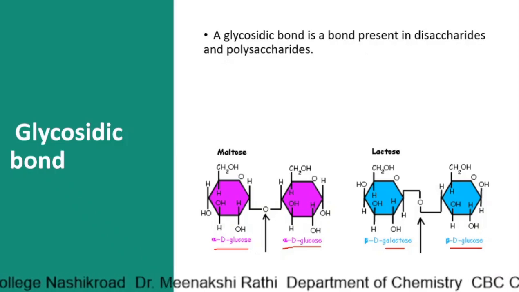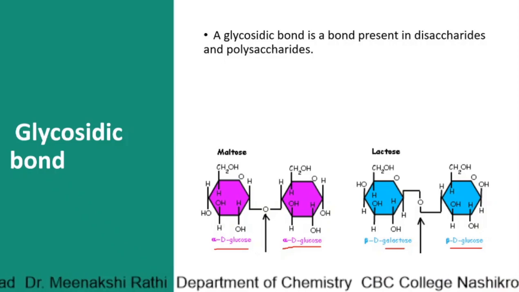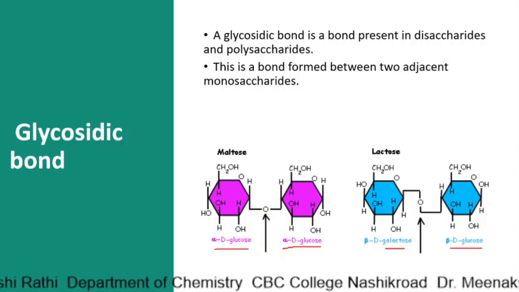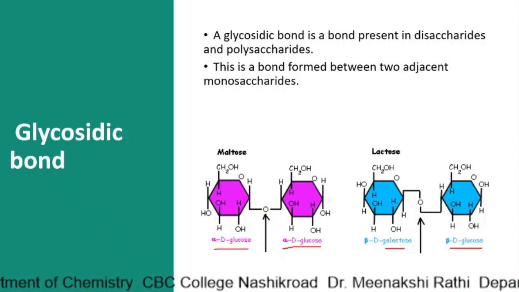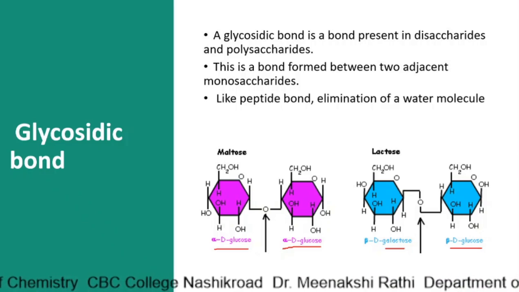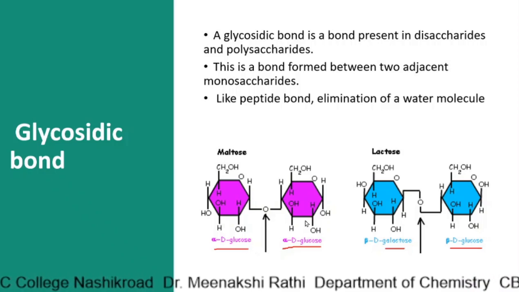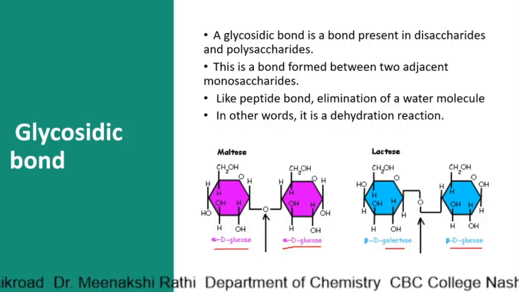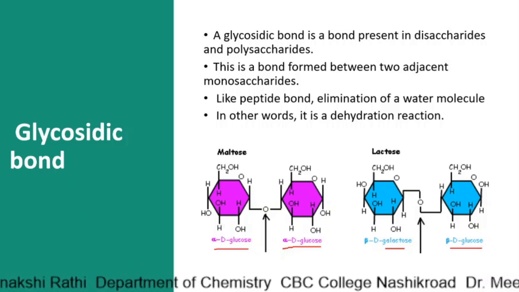So, glycosidic bond is present in disaccharides and polysaccharides. This bond is formed between two adjacent monosaccharides. Like peptide bond, elimination of water molecule is there, and as there is a elimination of water molecule, again it is a dehydration reaction. The detail of glycosidic bond is already discussed in chapter carbohydrate.